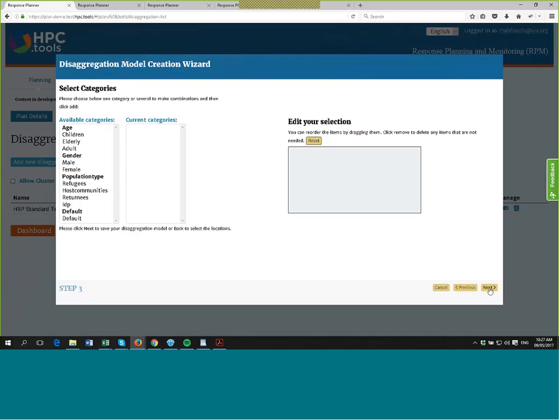You can create those. And then you would come to the second stage where you would set your categories for disaggregation. So for example, you would say age and gender. Now, you can choose to have it listed as children, elderly, adults, male and female, or you can say, well, I want them as combinations, which means it's children male, children female, and things like that.